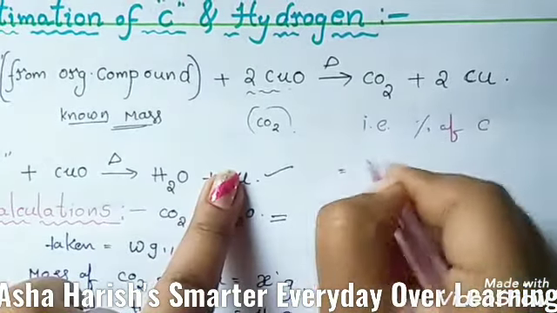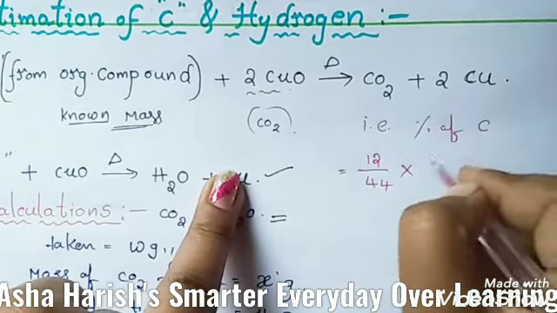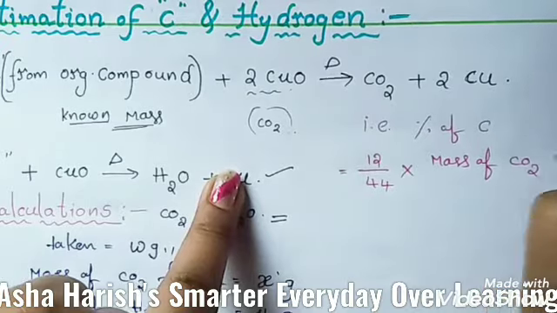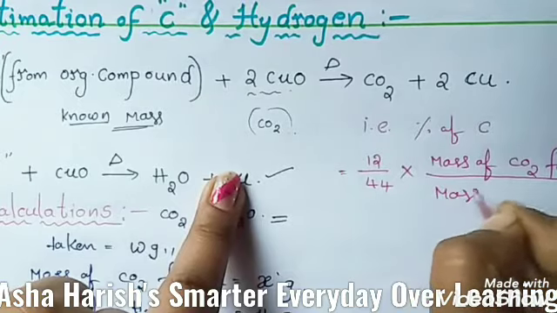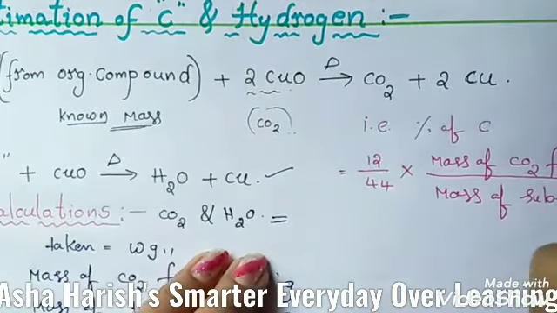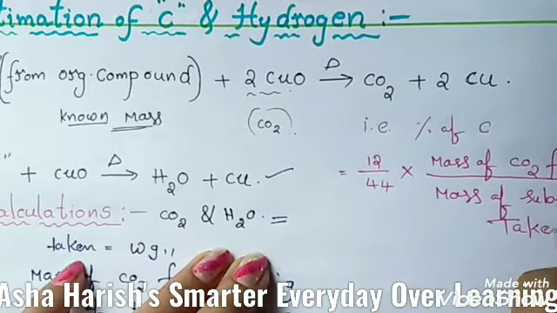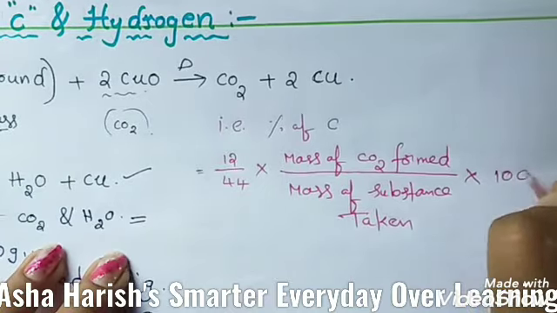We can say that the percentage of carbon is 12 by 44 into the mass of CO2 formed, divided by the mass of the substance taken, into 100.